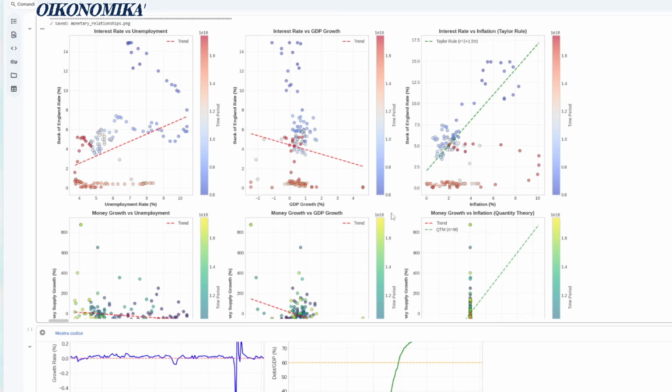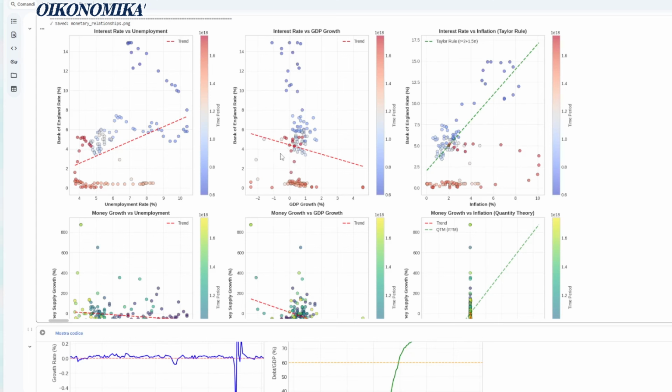Instead, of course, we have an inverse linear relationship, a linear regression, between the Bank of England interest rate and GDP. Because what happens is that when the Bank of England brings interest rates up to very high levels, 6%, 8%, 14%, but nowadays they could go not higher than 5.